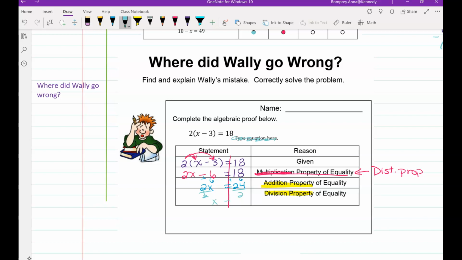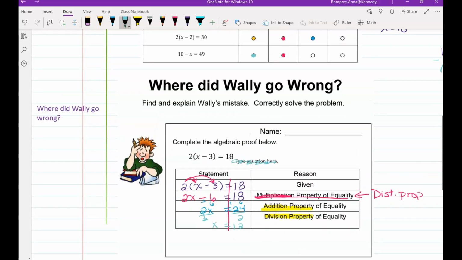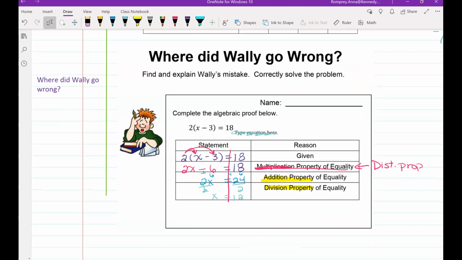So x equals 12. So what's 12 minus 3? 9. 9 times 2 is 18. Maybe this isn't exactly the same as the one we did. Nope, it's just similar. So those two are both correct, but he did make a mistake, because the multiplication property of equality would be if we were multiplying both sides by a 2. We didn't do that. We just distributed the 2, which is just a form of simplifying the equation or expression.